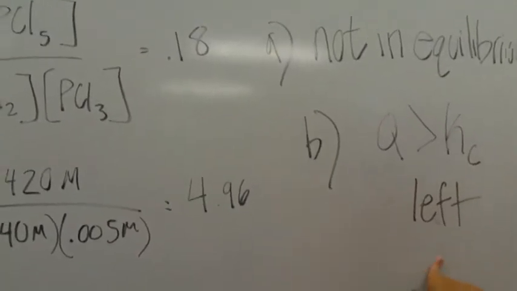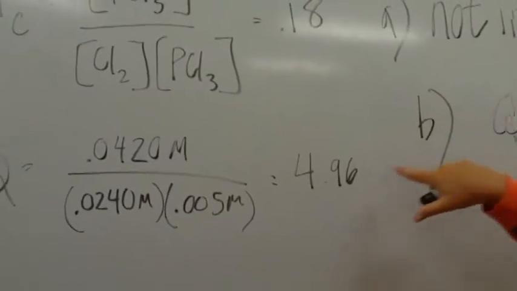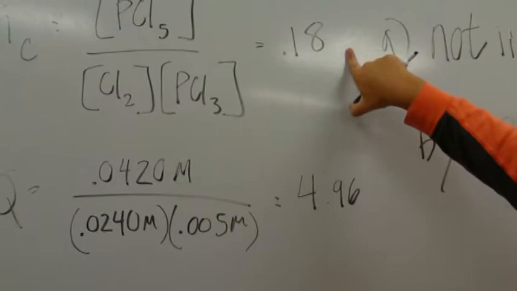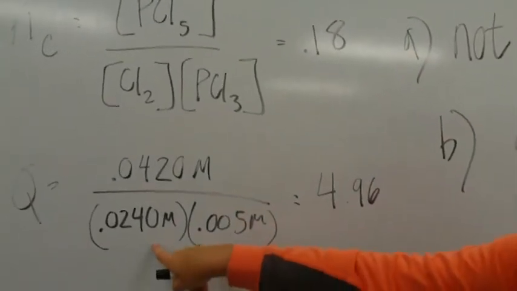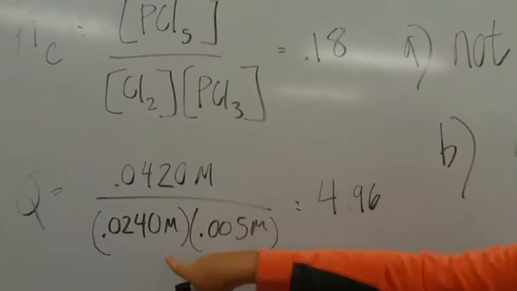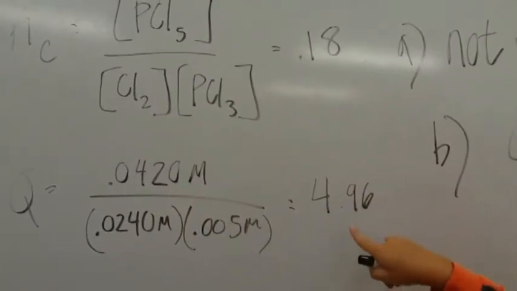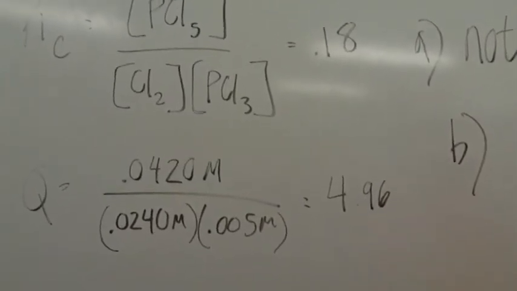And how do we know that? Because if we want this at equilibrium, Q is going to have to equal Kc. So how do we get that? Well, the concentration of the reactants is going to have to increase in order for this fraction to get smaller. So that's how it is. Moving to the left.